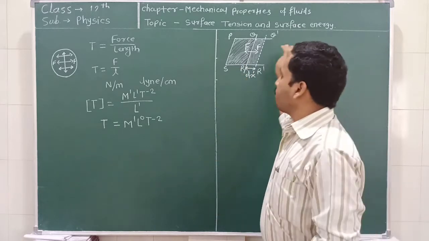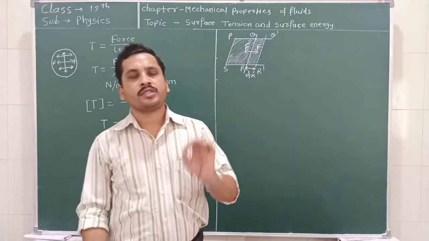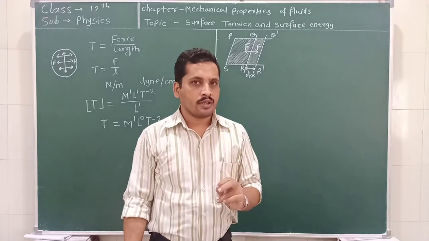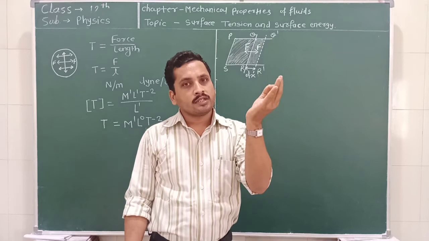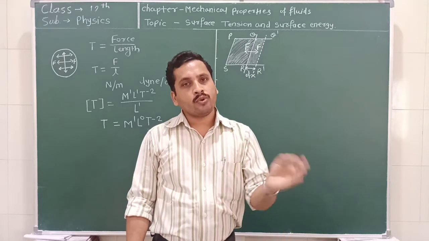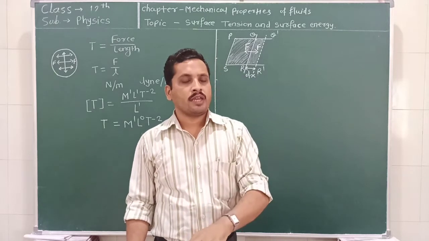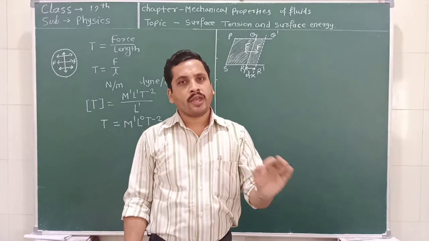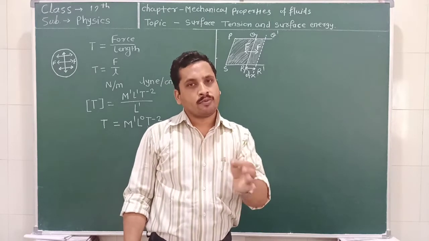Now, what is the property of surface tension? Surface tension always tries to minimize the surface area of the liquid, because the molecules are trying to go from the surface to the bottom due to the lesser potential energy. Any system will be in equilibrium when it is at the state of lesser potential energy.